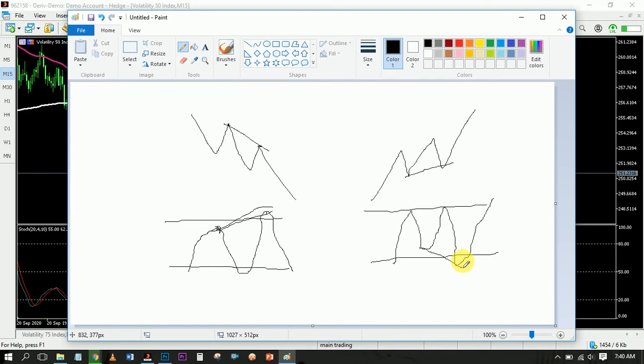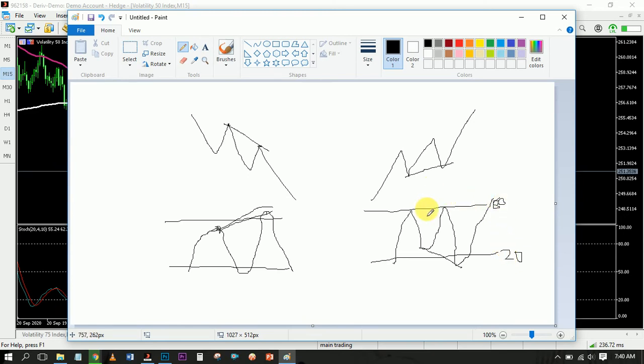Now I always advise that the stochastic should always exceed. This is your 80 level, and this is your 20 level. This is your oversold, this is your overbought.